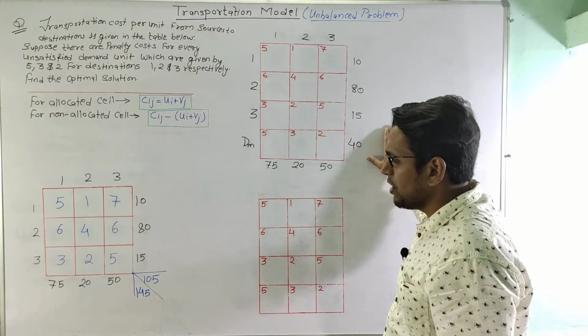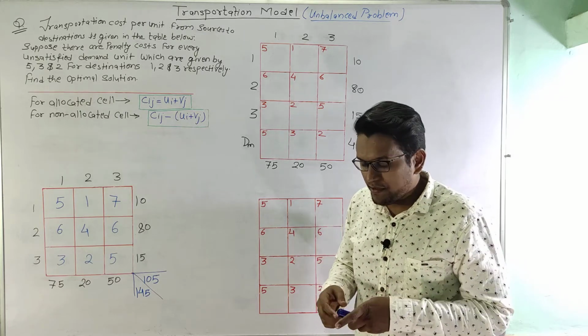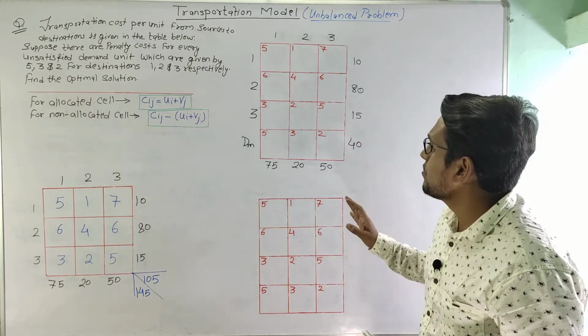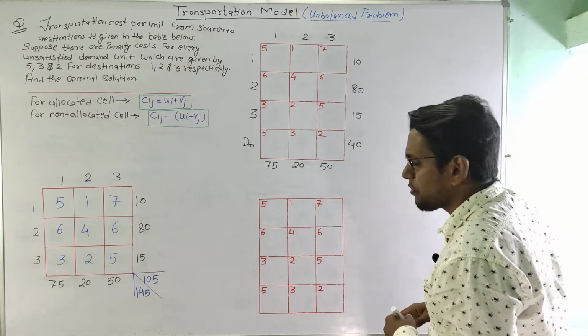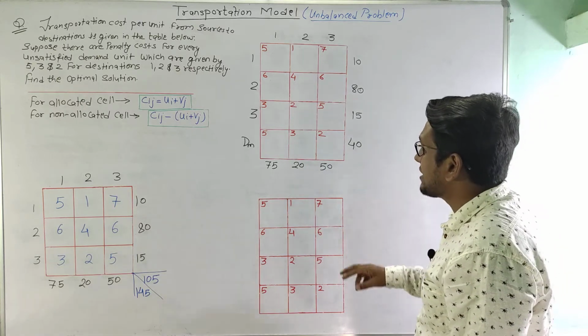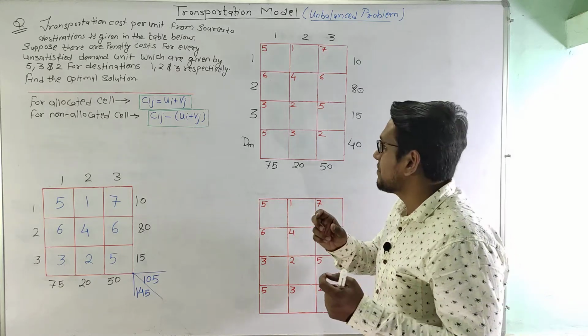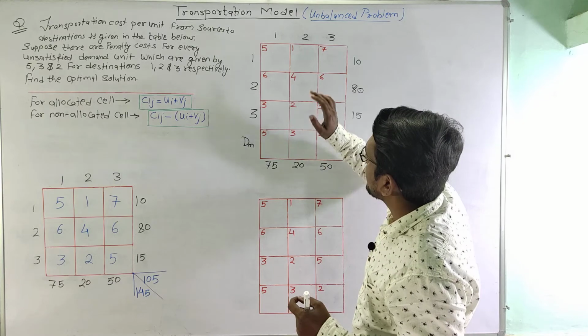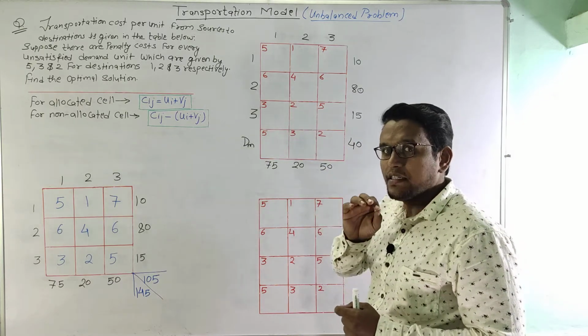And now first of all we will find the basic feasible solution by Vogel's approximation method. For Vogel's approximation method we need to take the difference of the least value and the second least value, or I can say the minimum value and the second minimum value, in each row and in each column.